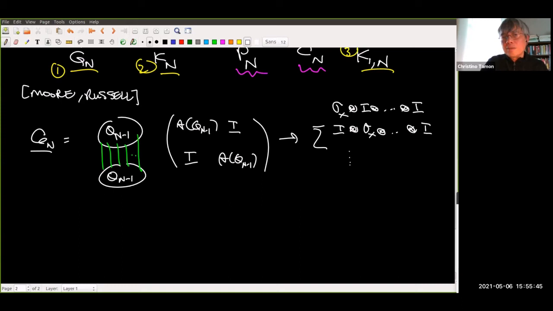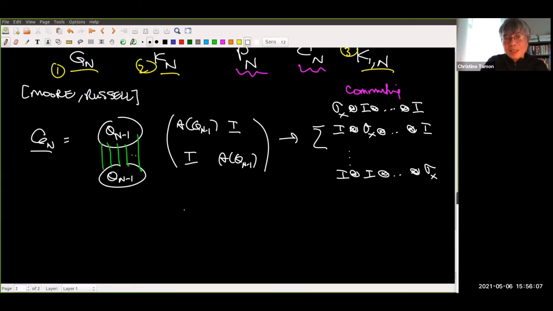I think this is well known. So you can write this adjacency matrix as this sum, and the observation here is this is a commuting sum.